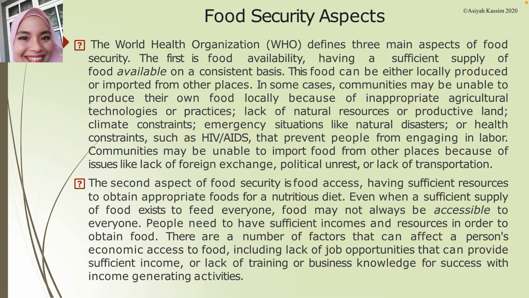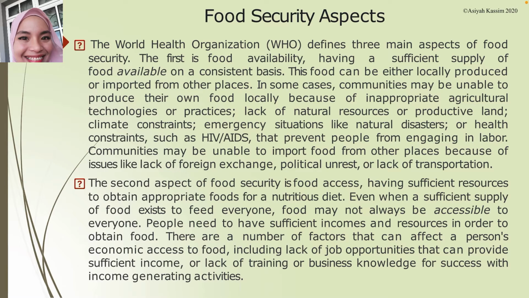However, there are a few factors that communities may not be able to produce their own food locally due to several factors. So number one, due to the inappropriate agricultural technologies. So again, tadi kita dah tengok kan, agriculture sector ada 4 industri.